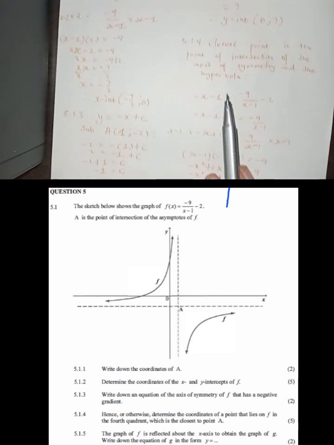5.1.3 says write down an equation of the axis of symmetry of f that has a negative gradient.